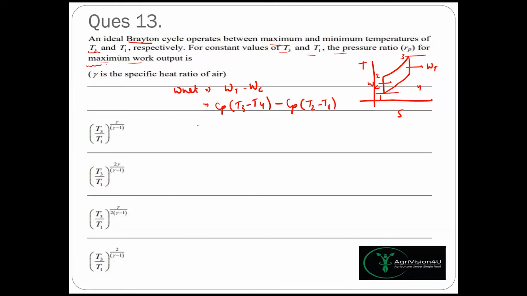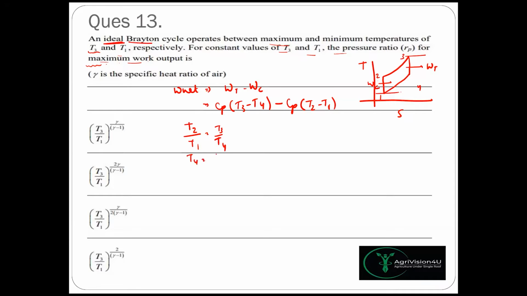Now T3 and T1 are constant. So what we can do, if it is an ideal case that is given, then in that case we can say that T2 by T1 would be equal to T3 by T4, right? And because T3 and T1 are fixed, we are replacing this T4 in terms of this.